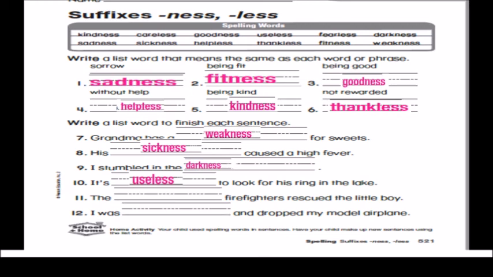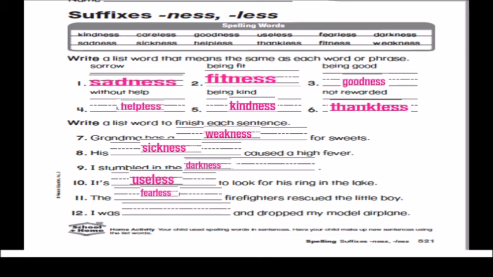Number 11: The fearless firefighters rescued the little boy. If he rescued the little boy from the fire, so he is fearless. He doesn't feel afraid. He's a brave firefighter.